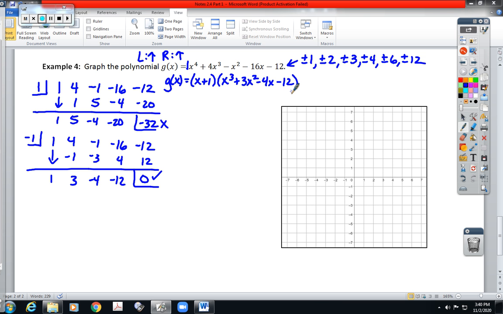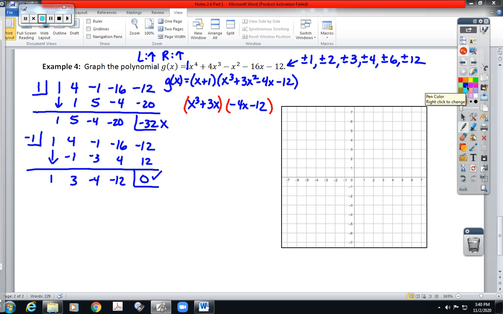Now, if we did not recognize that that would factor again, we could keep testing zeros with the new depressed polynomial as our coefficients in synthetic division. However, I recognize x cubed plus 3x squared minus 4x minus 12 can be factored by grouping. There's a pattern to it.